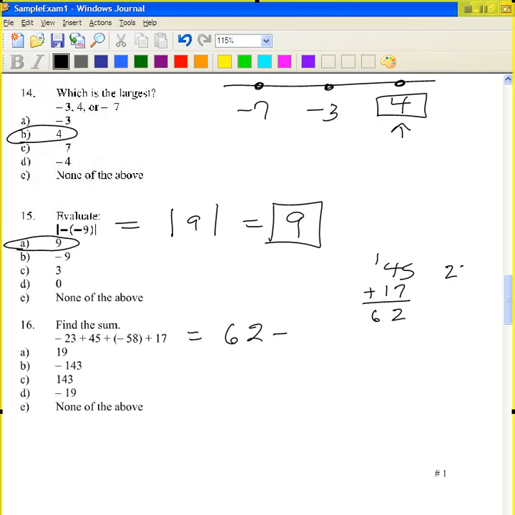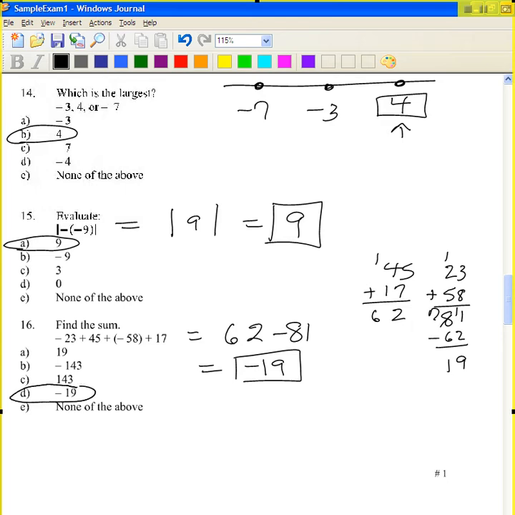And the 23 plus 58 gives you 11, carry 1, 8. So minus 81. And so 62 minus 81, let's subtract that. So I have to borrow 1. 11 minus 2 is 9. 7 minus 6 is 1. 81 is larger than 62, so I take the sign of the larger, negative. So my answer is a negative 19. D.